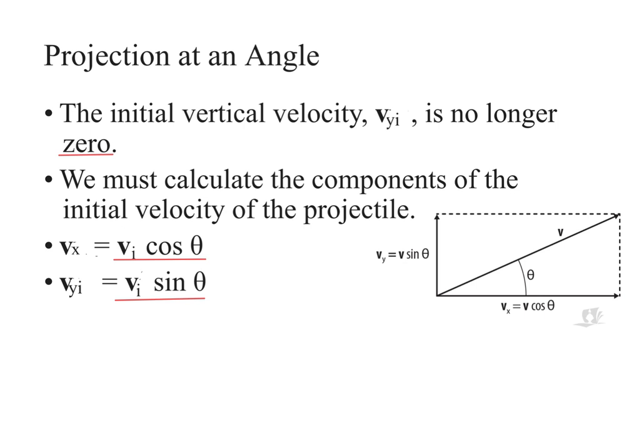You take that initial velocity, multiply it by the cosine of whatever angle it is being launched at, and that is your horizontal velocity. For your initial vertical velocity, you do the same thing, but you use sine. So your horizontal uses cosine, your vertical uses sine, which is exactly what we did when we did vectors.